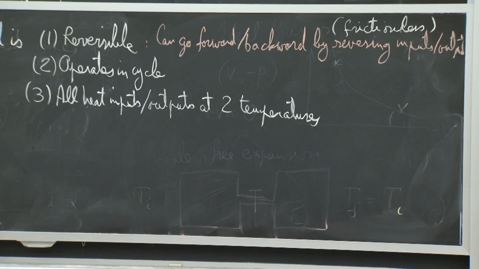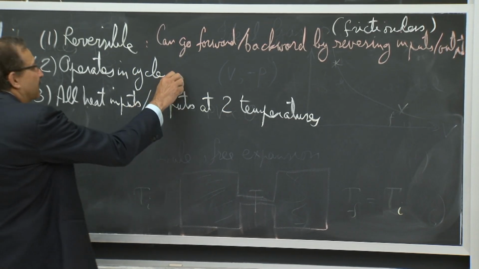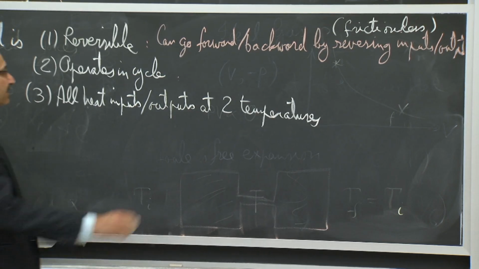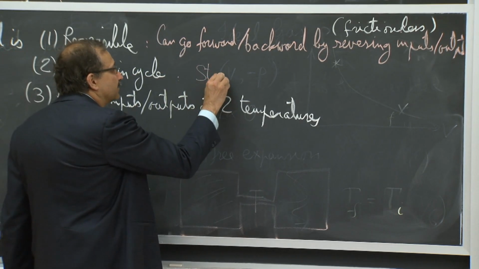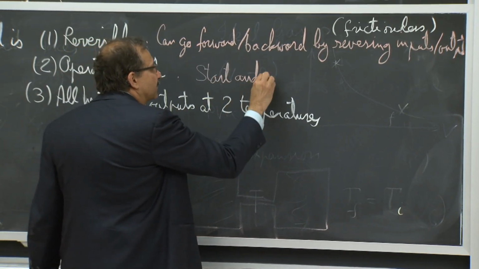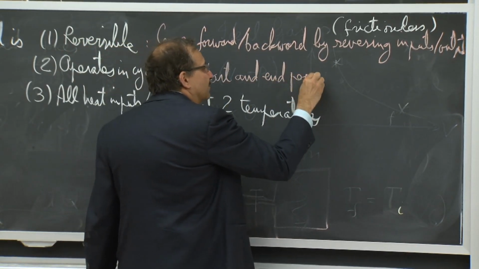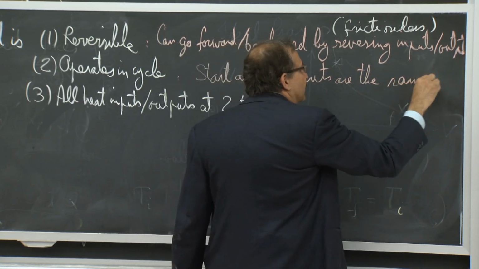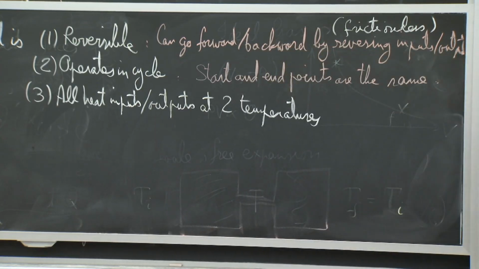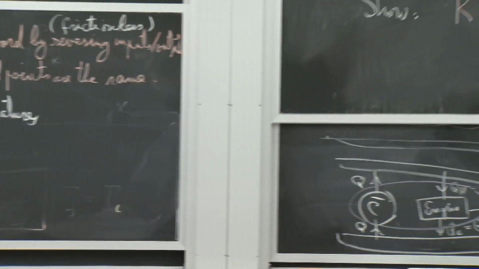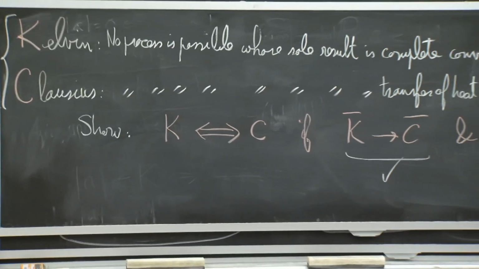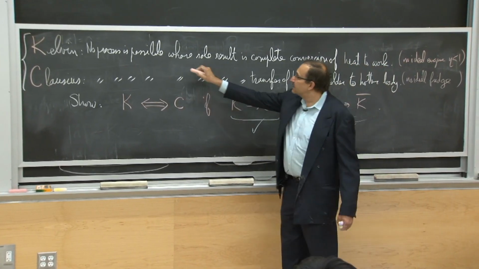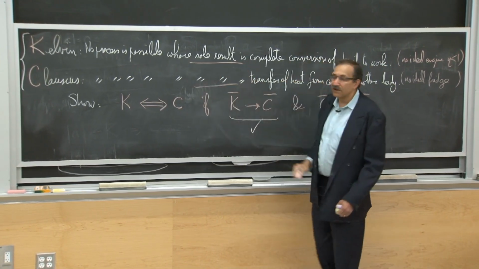The cycle part is easy. Essentially, it says that start and end points are the same. And it kind of harks back to this statement that is part of either one of these formulations of the second law, that is the net result or sole result is something.